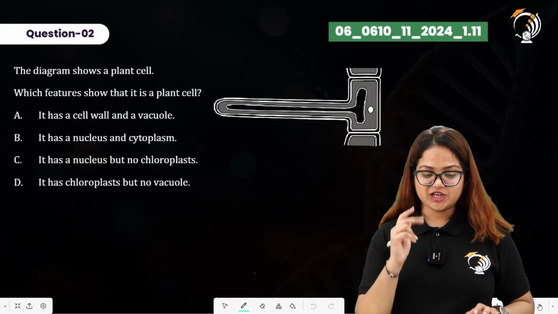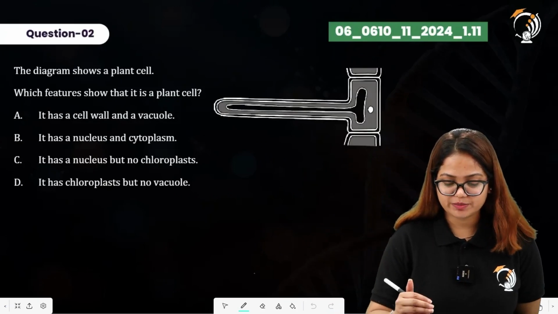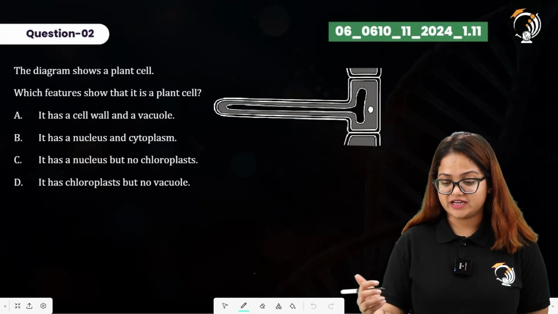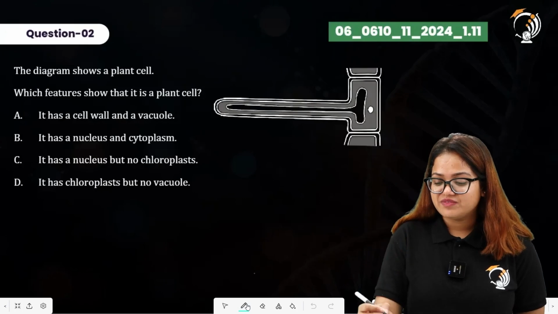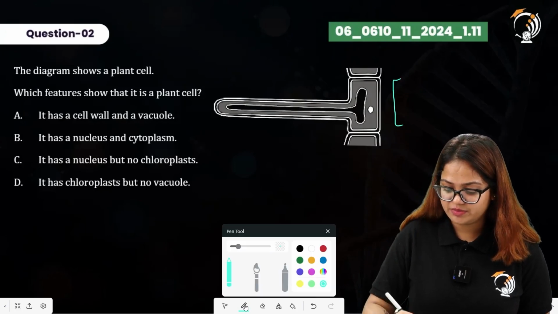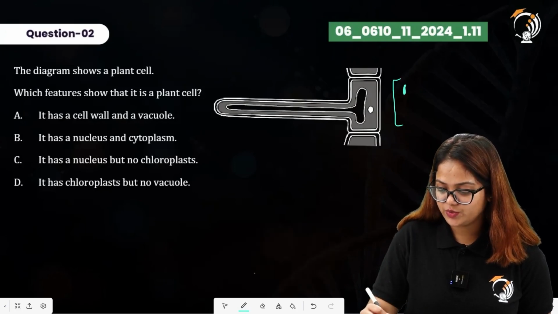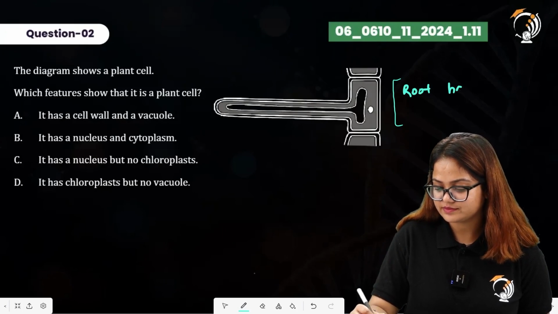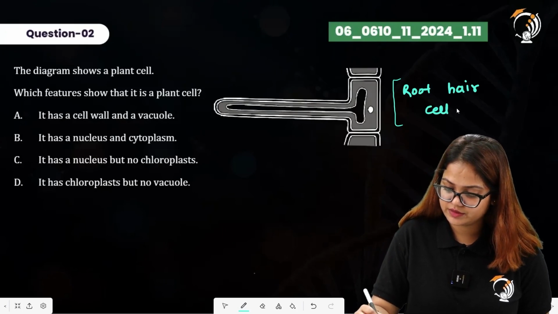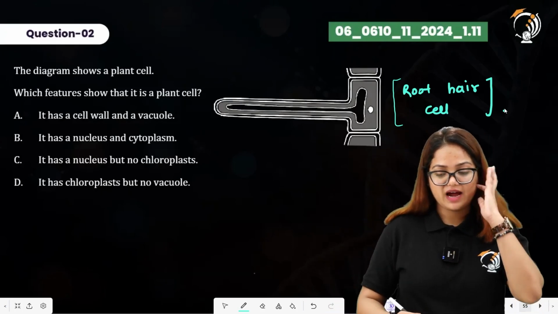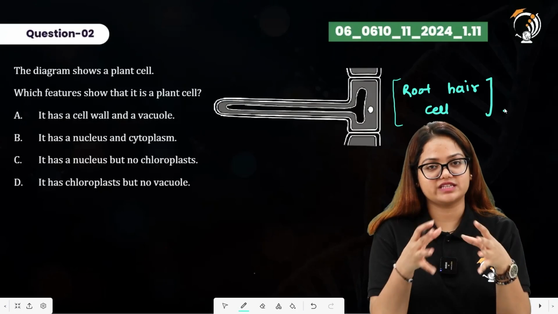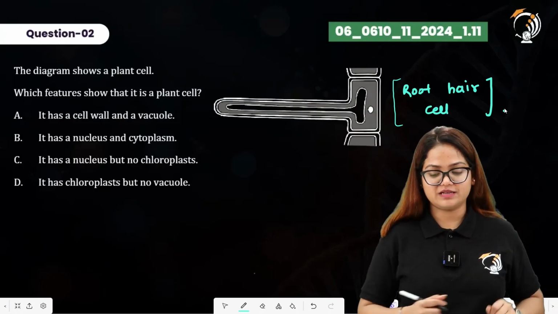Now we have the second question that says the diagram shows a plant cell. So we have this diagrammatic representation. Since we have already discussed the plant cells, we can relate that this represents a root hair cell. Which features show that it is a plant cell? Plant cells have a cell wall that is not present in animal cells.